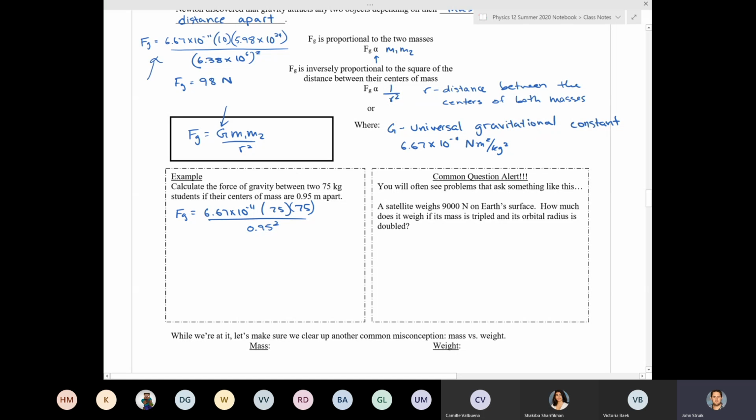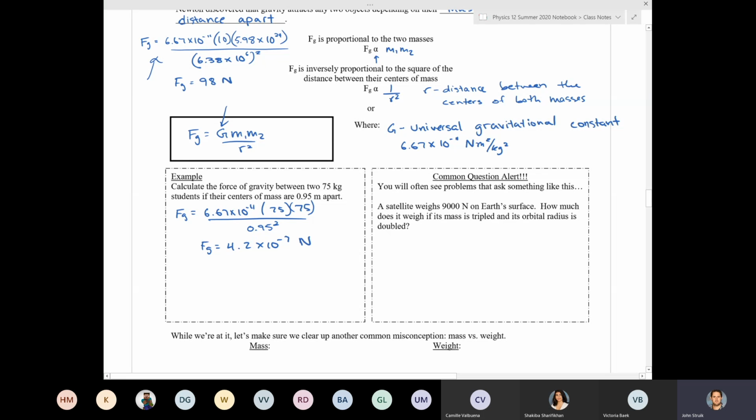So 6.67 times 10 to the negative 11 times 75 squared, because we're doing it twice, divided by 0.95 squared, and you get Fg equal to 4.2 times 10 to the negative 7 newtons.